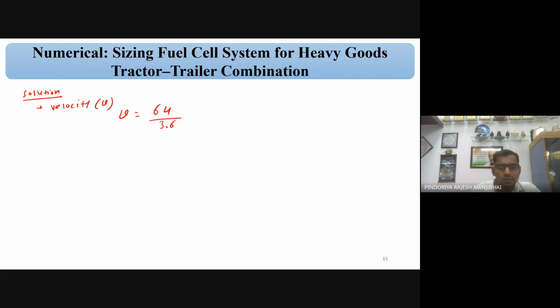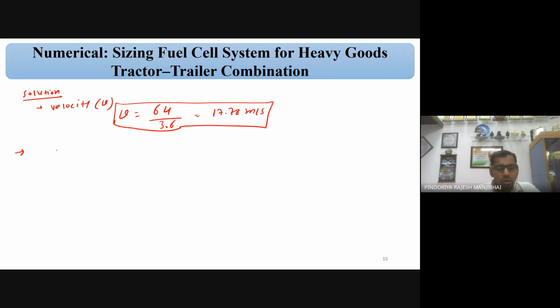So this is your velocity. Velocity is 17.78 meter per second. We have to use the velocity value in the next steps.